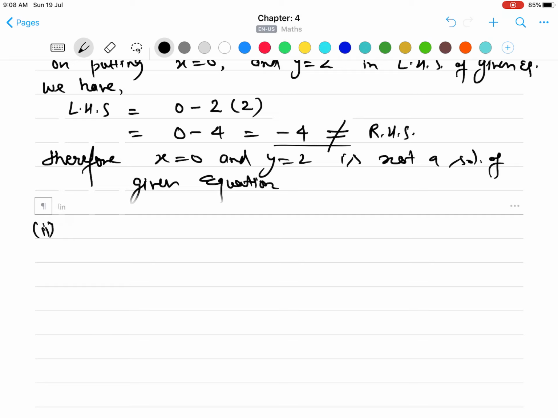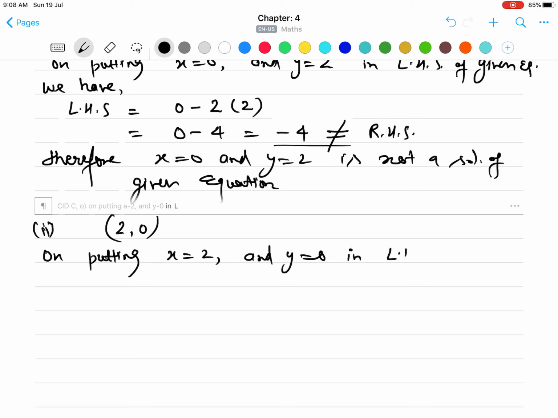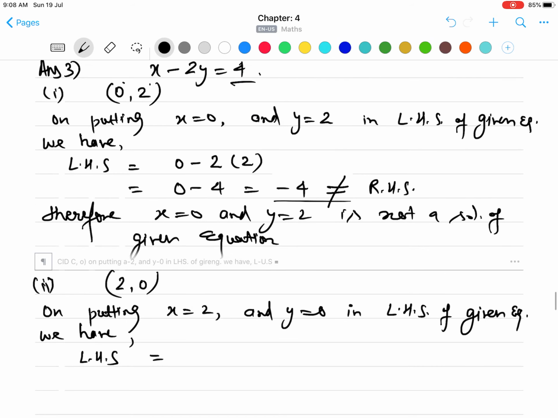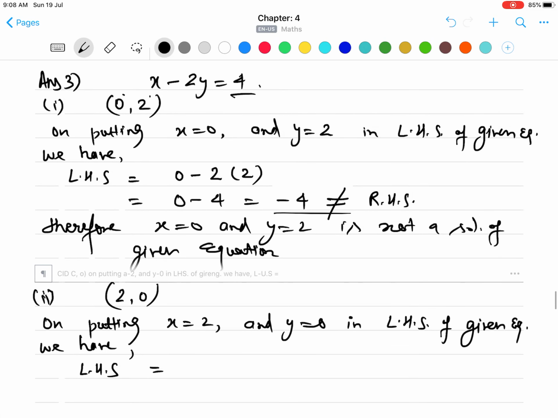Now part 2, we are given the values 2 and 0, x is 2 and y is 0. So write, on putting x equals 2 and y equals 0 in the left hand side of the given equation, we have LHS, that is the left hand side term, equals x minus 2y, and the equation given to us is x minus 2y equals 4.